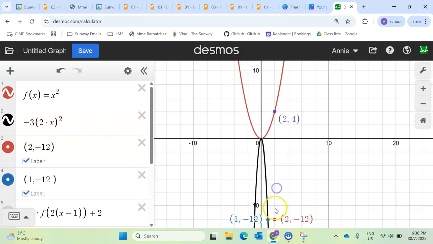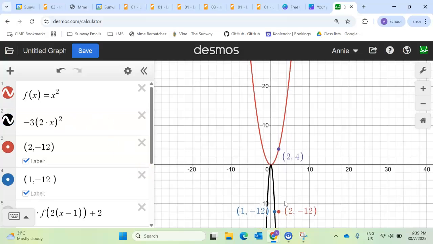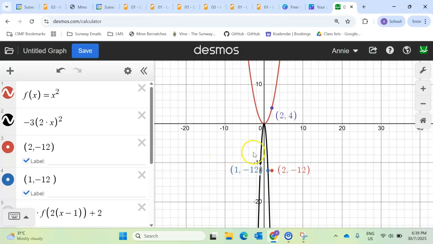We can see that we've compressed the graph horizontally. And so the mapped point is now 1, minus 12. And in one last step, we'll do both of the next functions. So I'll hide this point now, seeing as it's no longer on my graph. So this is the mapped point.